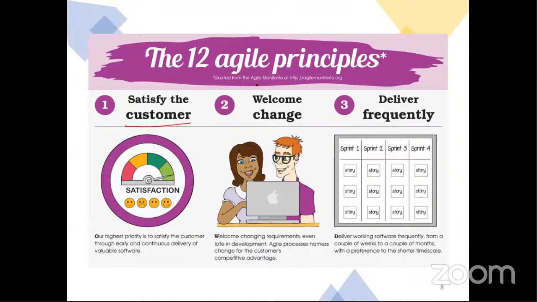The second thing is welcome the change. If the customer is not satisfied, there can be changes in the product. Welcome changing requirements, even late in development; the agile process harnesses change for the customer's competitive advantage. Whatever changes the customer has given, we incorporate them. Next, deliver frequently. Deliver working software frequently, from a couple of weeks to a couple of months, with a preference to the shorter time scale.